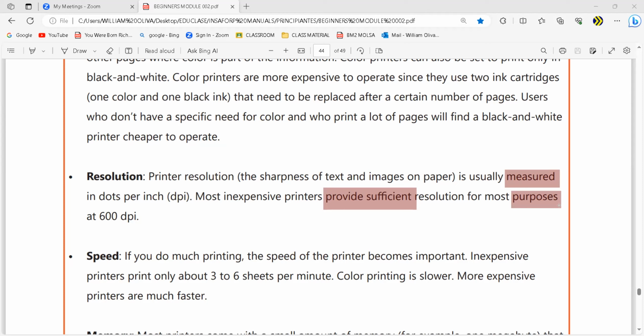Provide. Sufficient. Purposes. Correct. Very good. Let's go. Thanks.